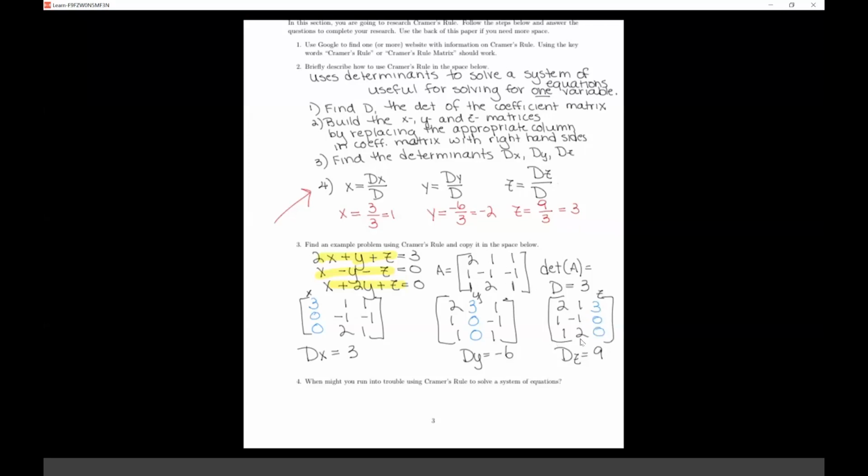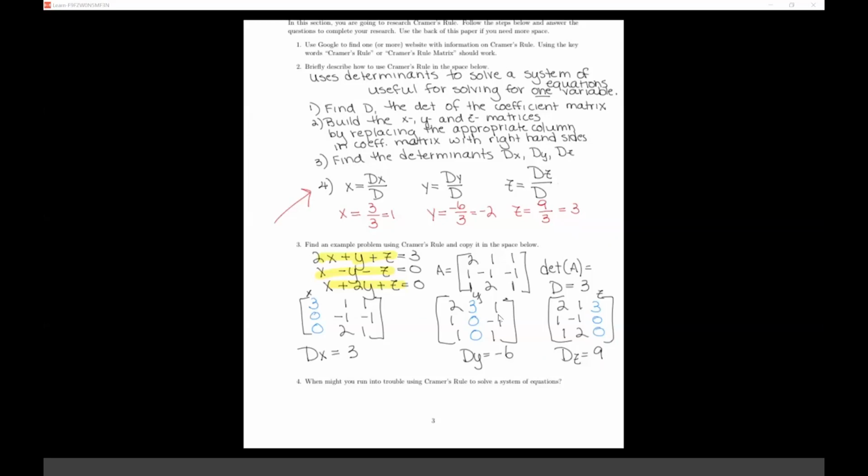In that case, you're good to go. But say one of these other values changed, you'd have to recompute DZ, but then you'd get the value of Z right off the bat. You wouldn't have to mess with Y and X, because they're handled separately. So see how it's easy to solve for just one variable if things change. It's easy to just go back and change one of these matrices.